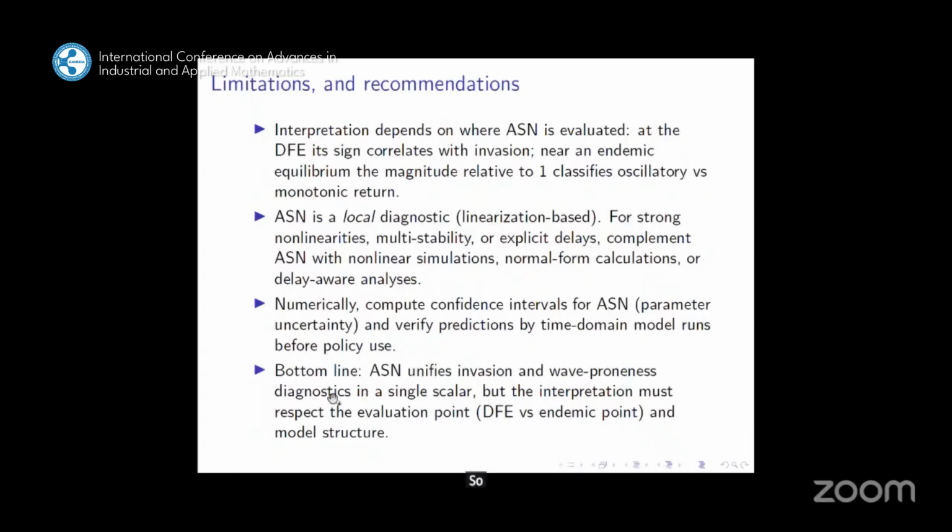So the bottom line here is that the Atangana strength number unifies invasion and wave, as I mentioned before, but the interpretation must respect the evolution point and the model structure as well.